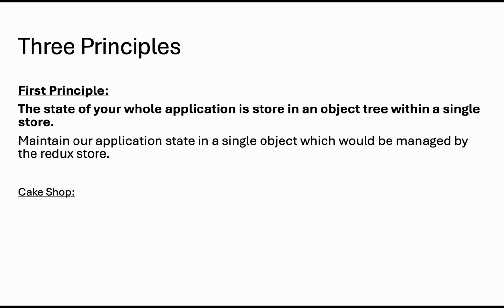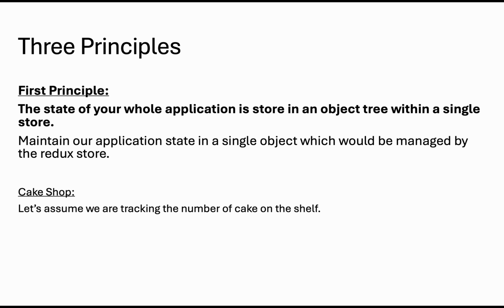Then there was an action, where a customer came and said I want to buy a cake, and the reducer is the shopkeeper who presents a cake, removes it from the shelf, prints a receipt and reduces the stock from the shop.